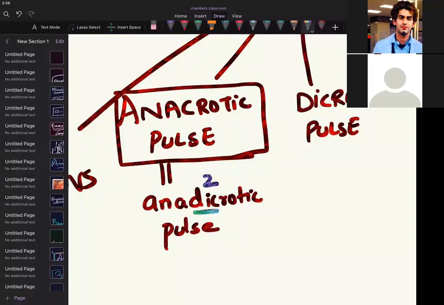That means will you have a secondary wave coming in this pulse? Will you get a second wave, second upstroke? So you will get a second upstroke. Fine.